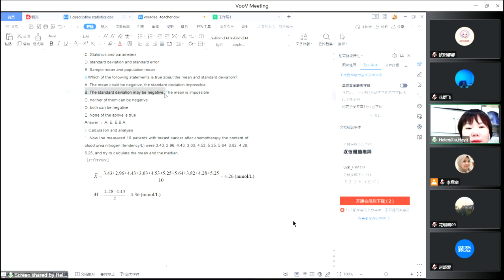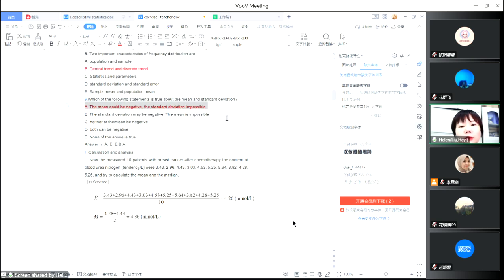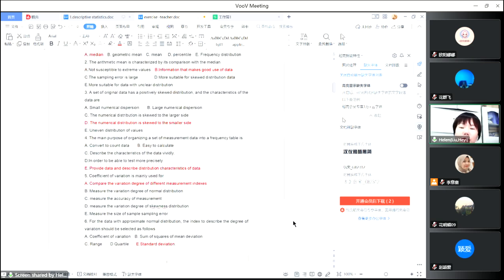The statement that the standard deviation may be negative is wrong, because by the formula we use a square, yes? So we have to choose A. This is the right answer. Okay, how about this part?